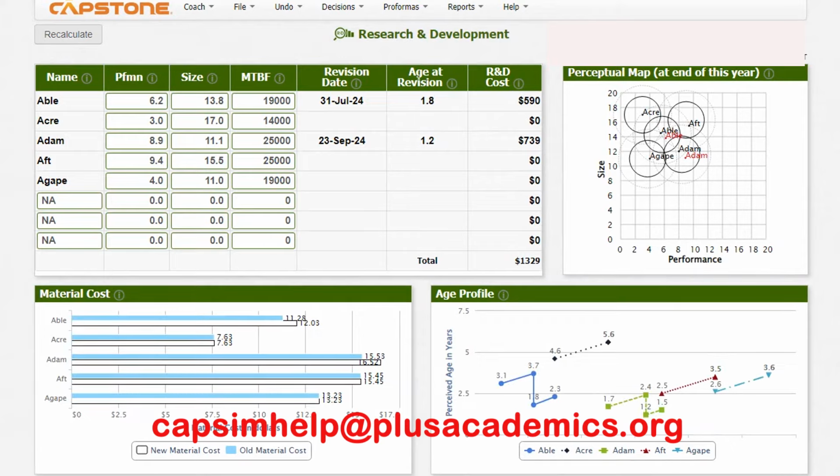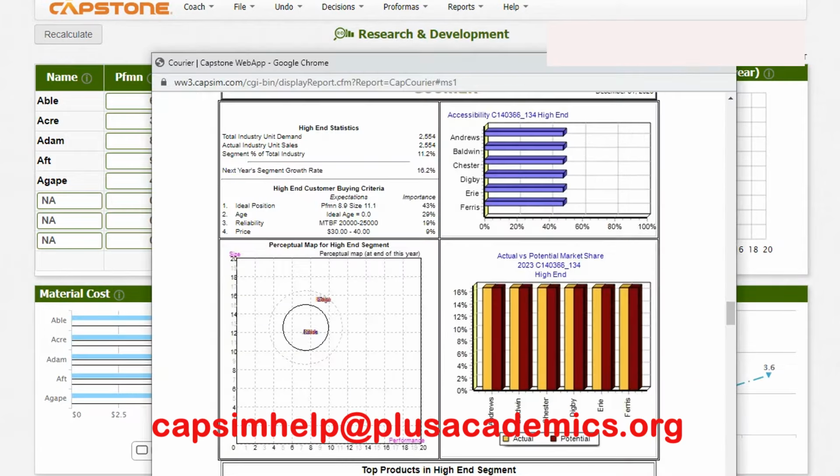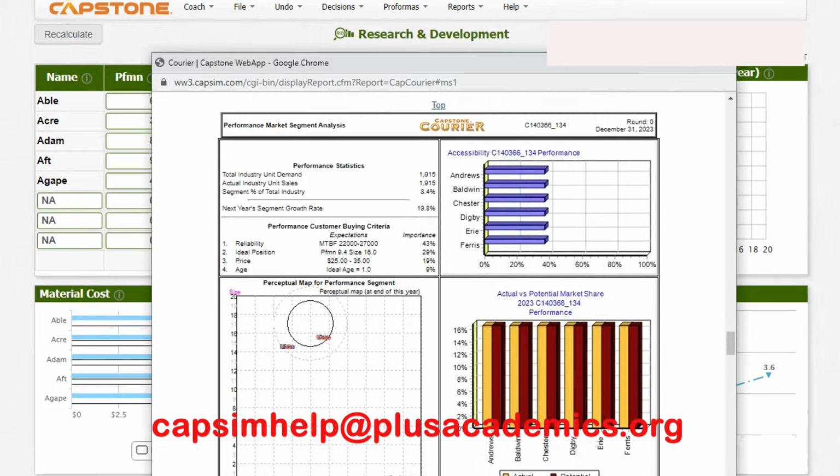Having done that, let's go to our next market segment, which is performance, and see what customers need in that segment. Reliability is the most important thing. Customers are expecting a product with a reliability of 27,000, if you consider using the differentiation strategy. This is followed by ideal position, then price, and finally edge. So don't look at the edge. Make sure you consider reliability and ideal position first.